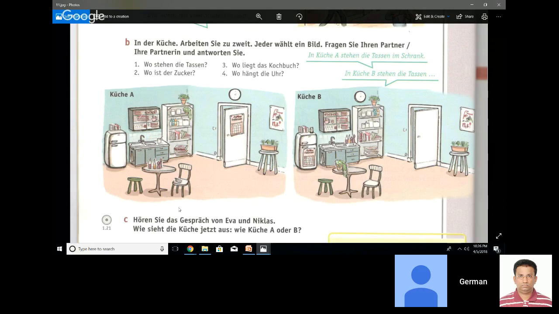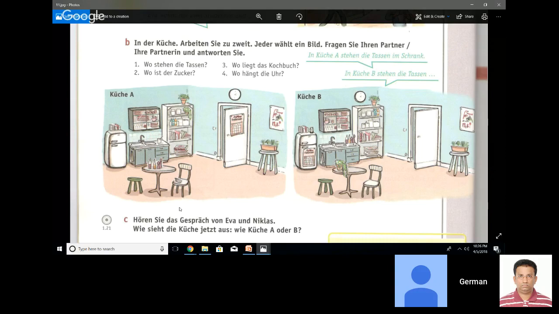Ready? Yes. So, wo stehen die Tassen in Küche A? Die Tassen stehen auf dem Tisch.